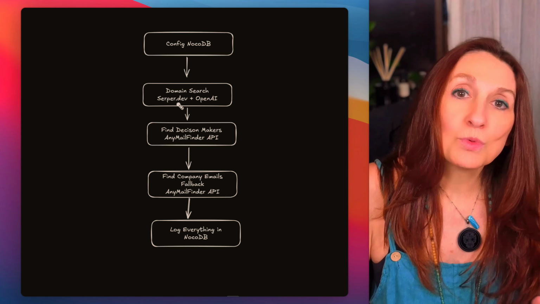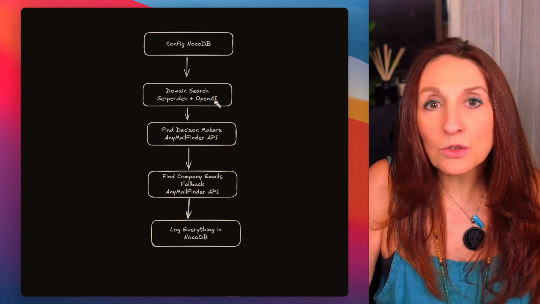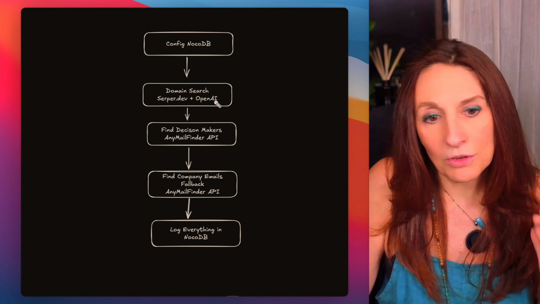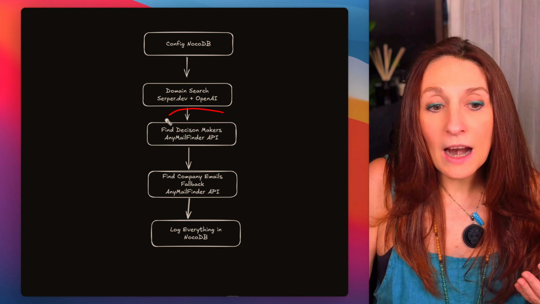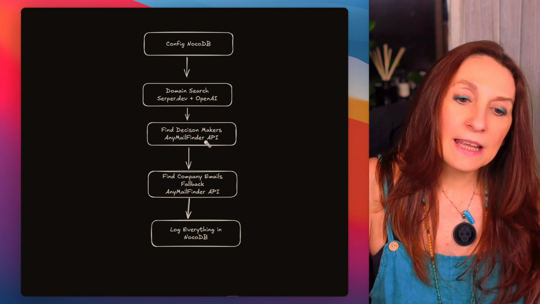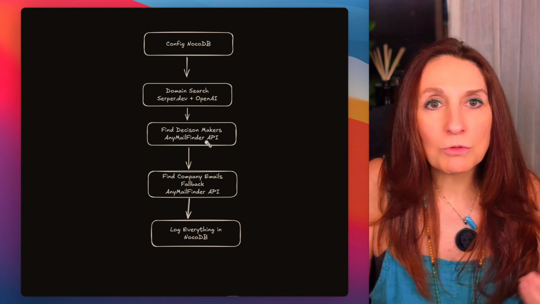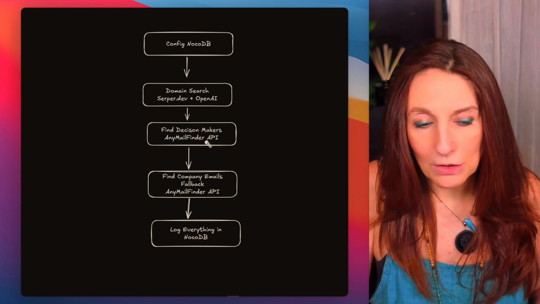This will give you several URLs, and we are going to filter them using OpenAI to find the really relevant one. Then from this domain, we are going to search the decision makers using AnyMailFinder API, and we're going to search in 3 categories: sales, marketing, and CEOs.